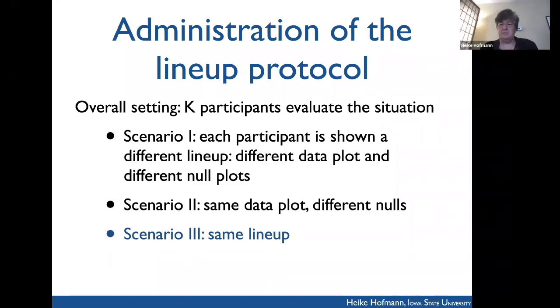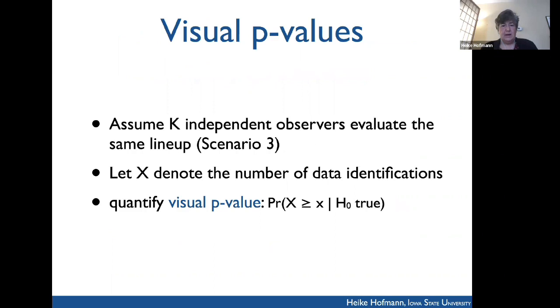So not people in a single room, but k independent participants. So then we want to say that x is the number of times out of these k evaluations that an observer picked the actual data plot. So x is the number of times that the data plot was picked.